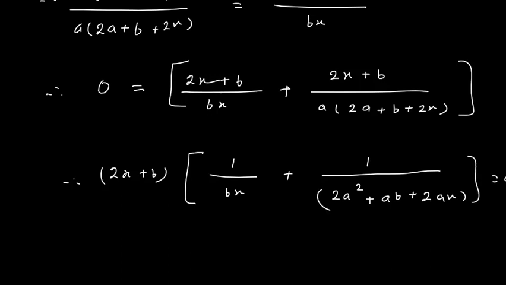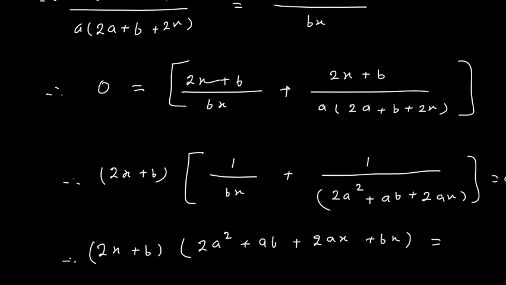So therefore this 2x plus b in one bracket, and in the other bracket, this will go on left hand side: it is 2a square plus ab plus 2ax plus bx, and this whole term in the denominator they multiply, and when they go on right hand side you will get 0.